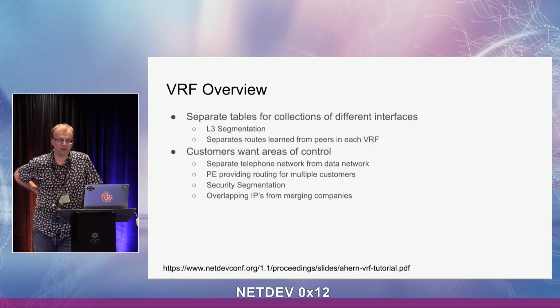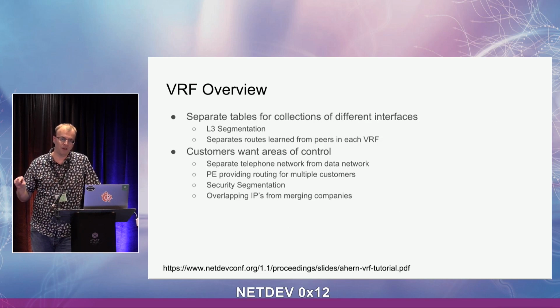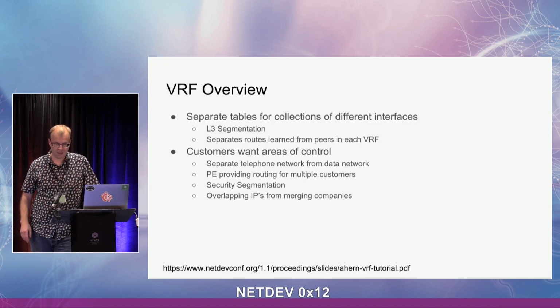Now, why would you want to do this? There's a whole bunch of different reasons, but the main reason is that you want to have a separation for some reason or other. Say you have a telephone network and you have a data network, you want them to use different routing tables. I'm a provider, and I have a whole bunch of customers that are connected to me, and those customers don't want their routing tables to be mixed, and they don't want any of their packets to end up in the wrong place. So that's what a VRF provides you.